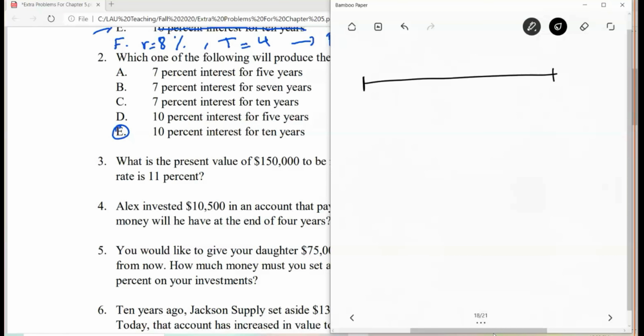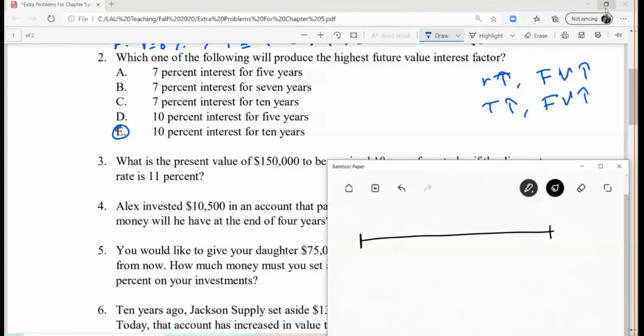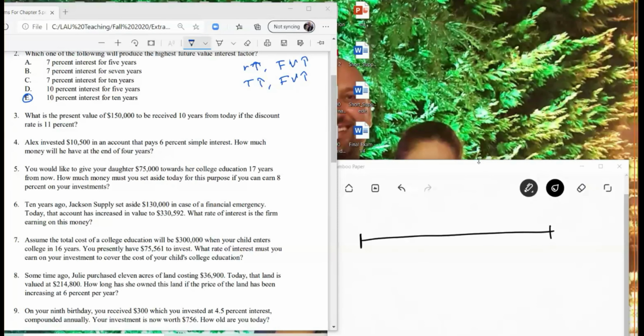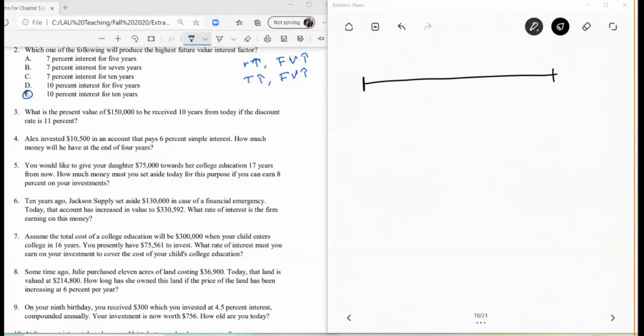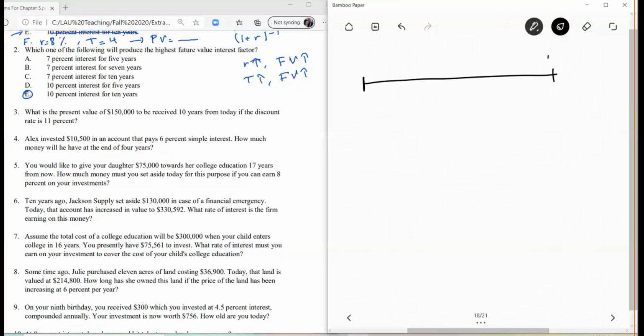I need to find PV of $150,000 to be received after a certain period of time, mainly 10 years. So after 10 years, I'm going to receive 150,000. The discount rate R is 11%, and I need to determine in this case PV.